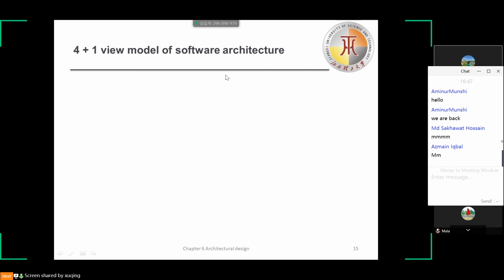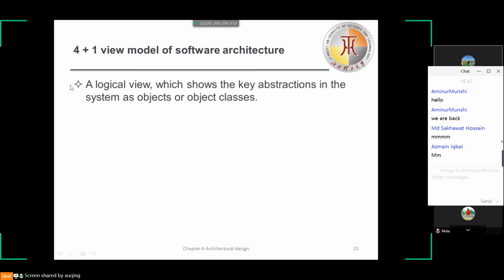In this view model, we suggest that there should be 4 fundamental architectural views which are related using use cases or scenarios. These views are, the first one, a logical view.